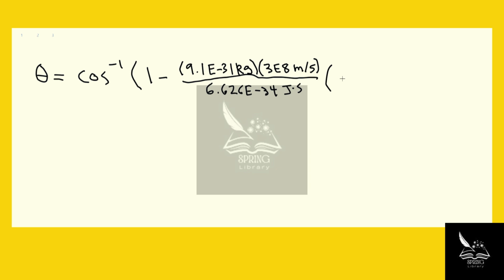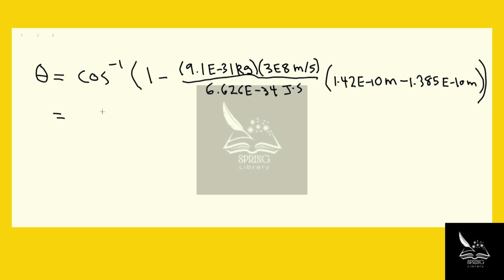Then we take the difference in our wavelengths: 1.42 e to the negative 10 meters, which is what we solved for earlier, and what's given, 1.385 e to the negative 10. Oh, one more big parenthesis.